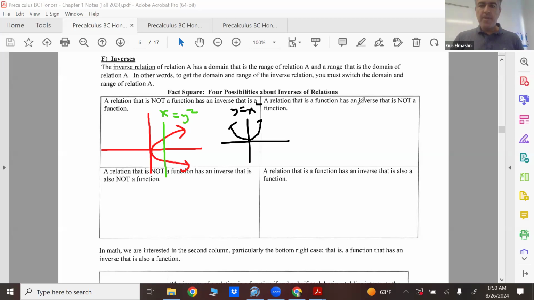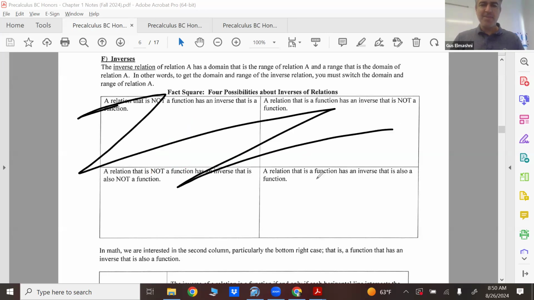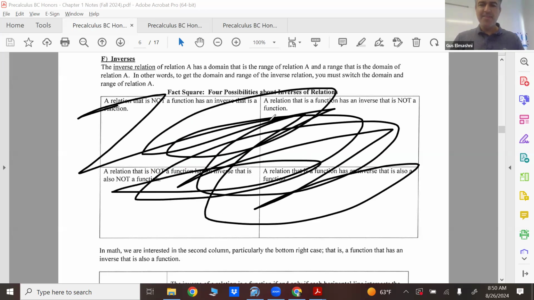You know what? I think this is terribly confusing. I don't like it. Let's just cross this off and keep it really, really simple for you guys.